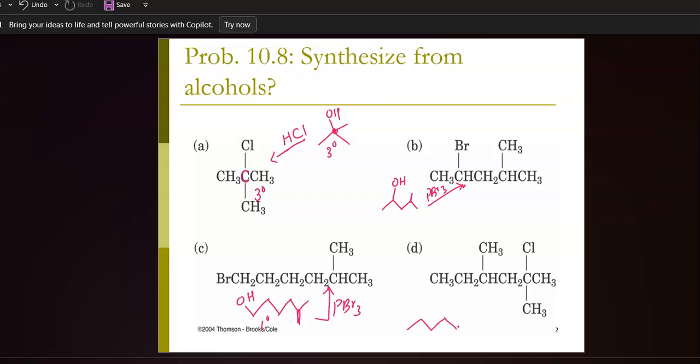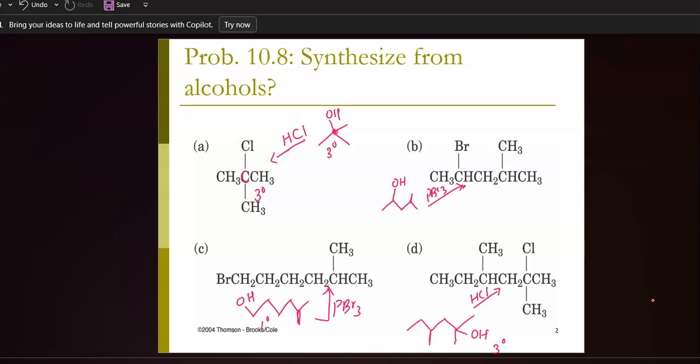Take a tertiary alcohol, 1, 2, 3, 4, 5, 6, and here we have a methyl group and another methyl group, and then we take a carbon atom attached to an OH. Here we have another methyl group here, right? So we take a tertiary alcohol and then treat it with HCl in order to give the respective alkyl halide.